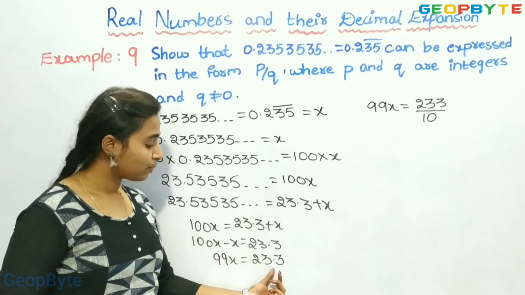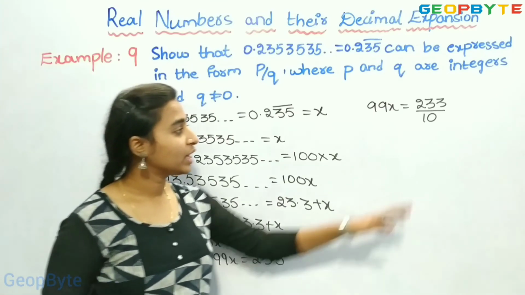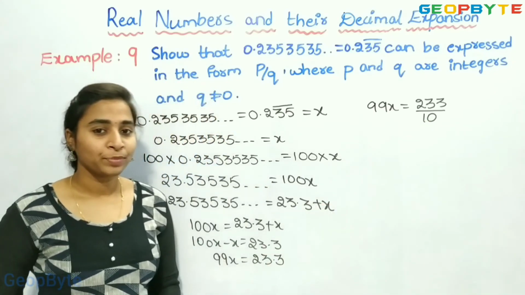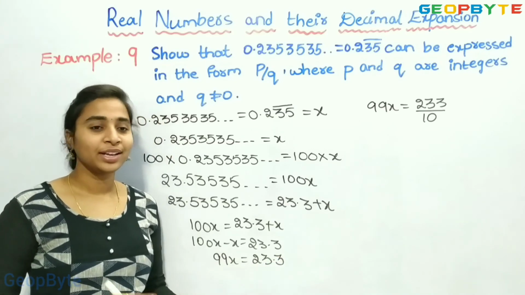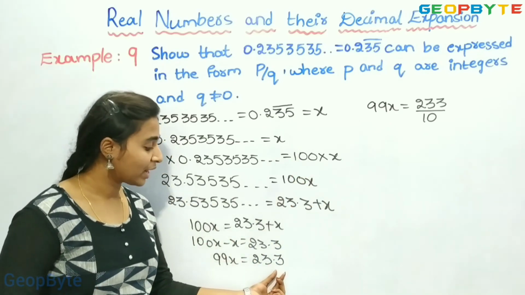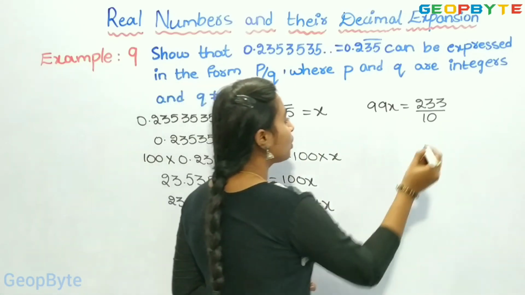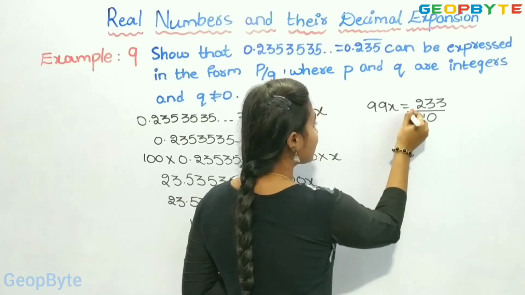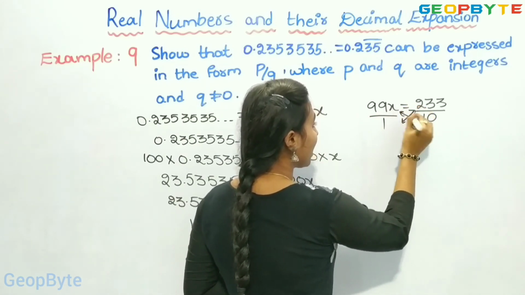See, after the point we have one digit, so we need to divide with 10. Suppose if we have 2 digits after the point, we will divide with 100. So, we have only one digit, I have divided with 10. Now, cross multiply. That is, here it is 1. Cross multiply.